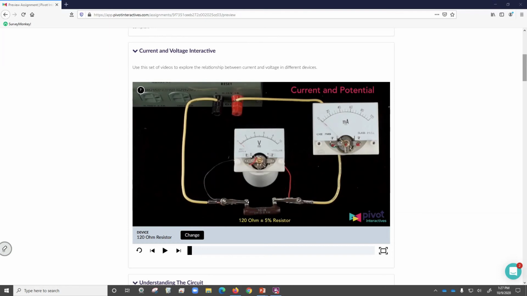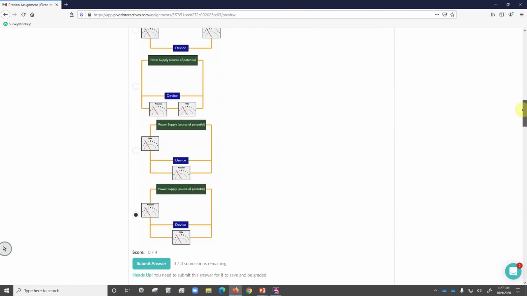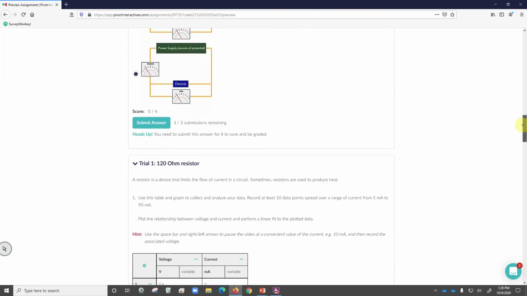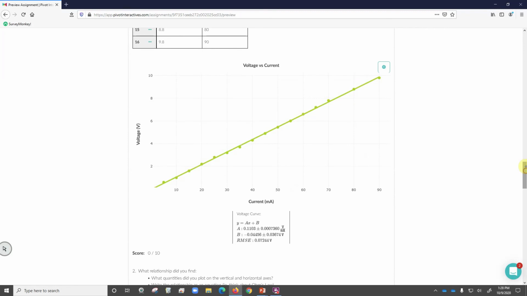Across and through, different terms have different meanings. And of course, naturally, this is our schematic for this experiment. The device, the power supply, and 2 meters. And after watching the video, you'll get a nice set of data and you'll get a graph.